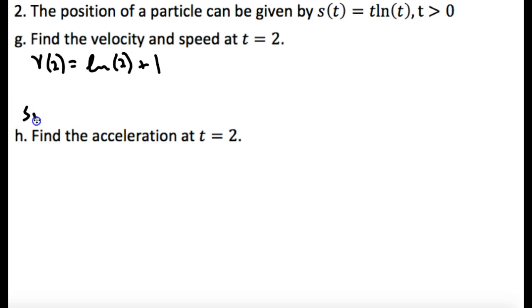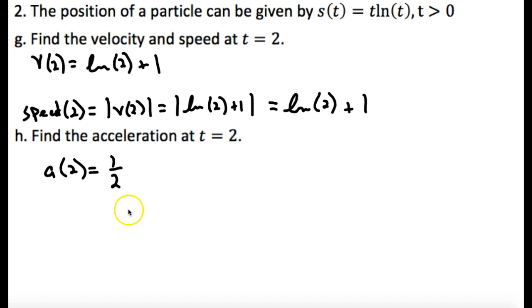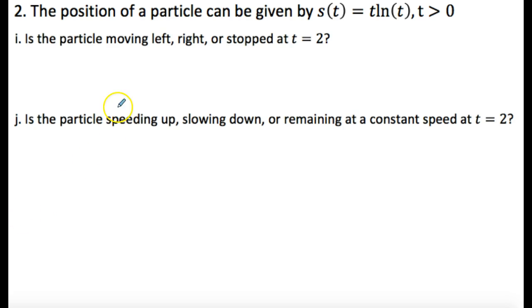Speed then, so speed at 2 is equal to the absolute value of velocity at 2, which equals the absolute value of natural log of 2 plus 1. Well, that's already a positive value, so the speed is also natural log of 2 plus 1. Then the acceleration at 2, so a of 2, our acceleration was 1 over t, so we just get 1 over 2.